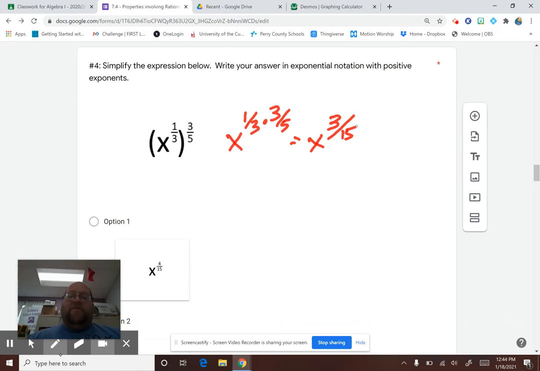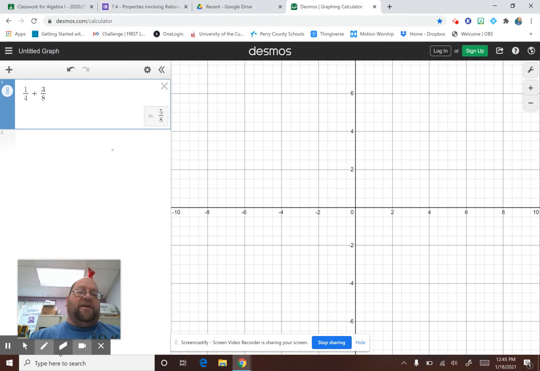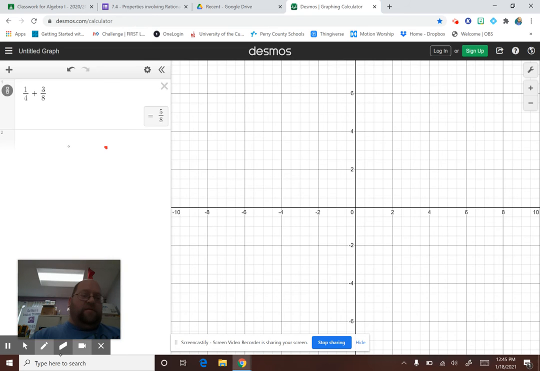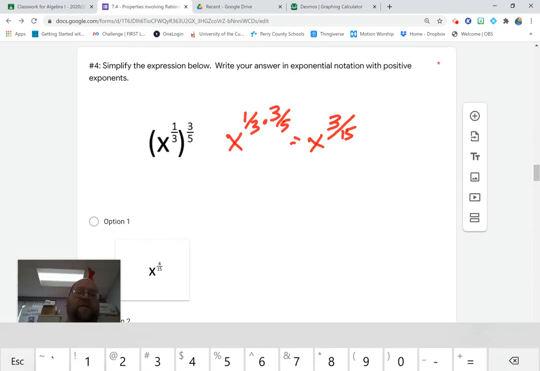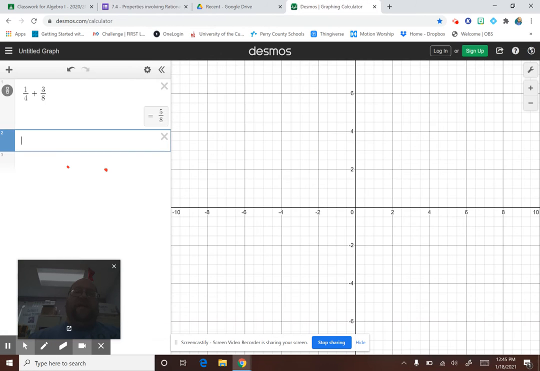Now the question is, can that particular fraction be simplified? Okay, remember, in mathematics, you're always trying to get to the simplest answer. Okay, so x raised to the 3/15. Again, if I go back to my Desmos calculator, I can very quickly put in 3/15.